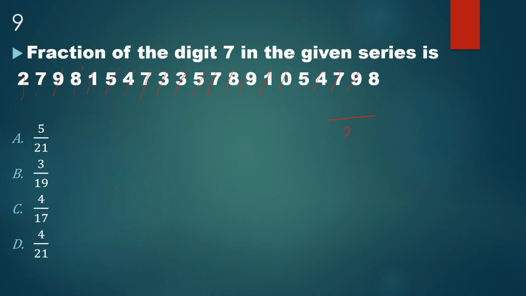So we are getting 21. From that, we have to check how many 7s are there. 1, 2, 3, and 4. So we are getting 4 by 21. See the options: option D is 4 by 21. So the answer is D.